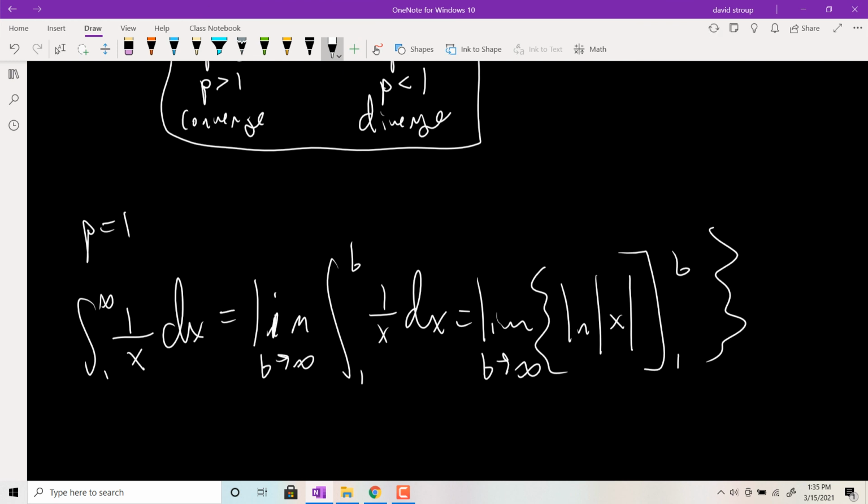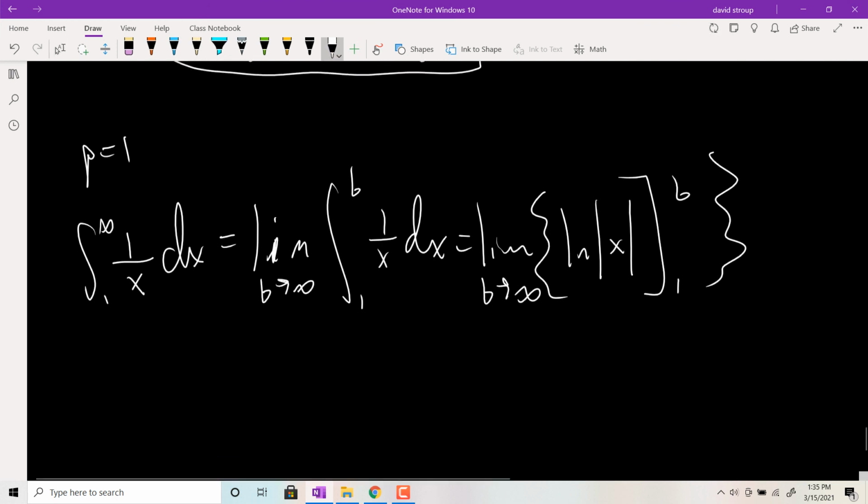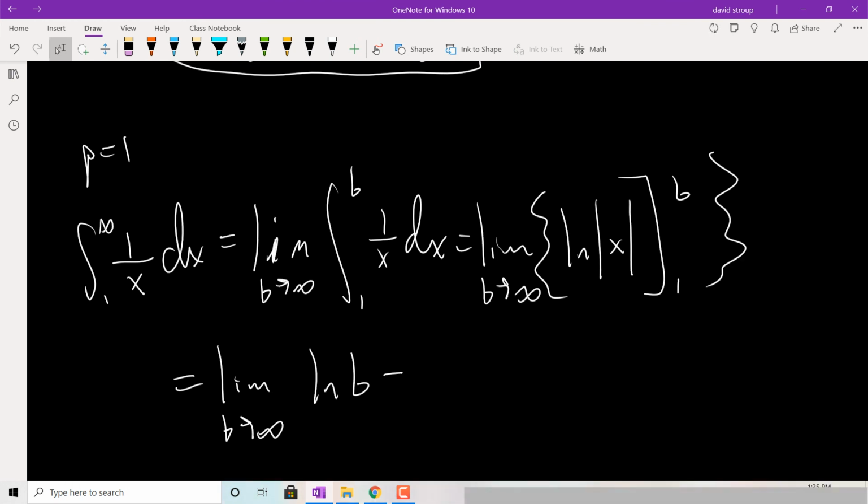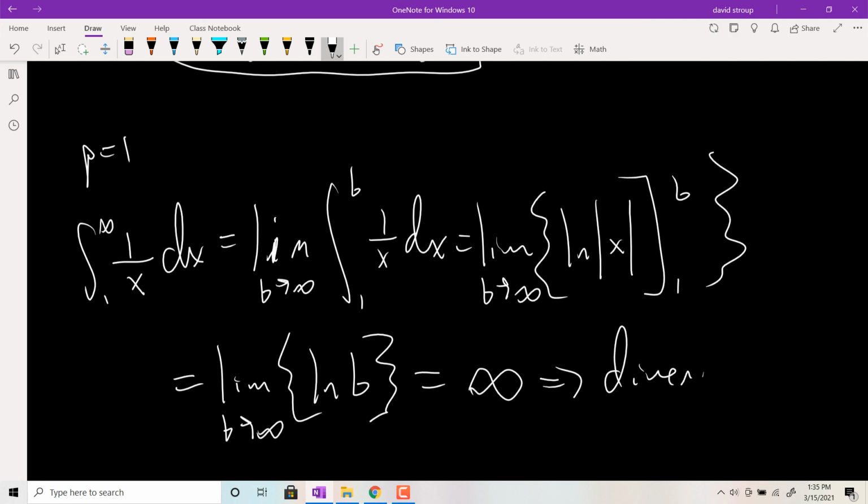That equals the limit of the natural log of b minus the natural log of 1, which is just 0. So it's completely dependent on how the natural log behaves as b goes to infinity, and of course that will just be infinity, which implies it's divergent in this case.